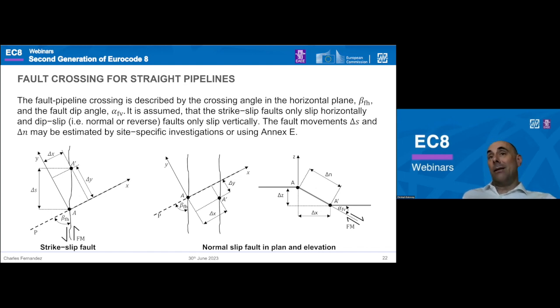So either they have to be estimated with a site-specific investigation, or you can use NXE. I think NXE is quite useful. I'm not the expert for NXE, but I think Dimitrios can really answer all the questions because he did an excellent work there.